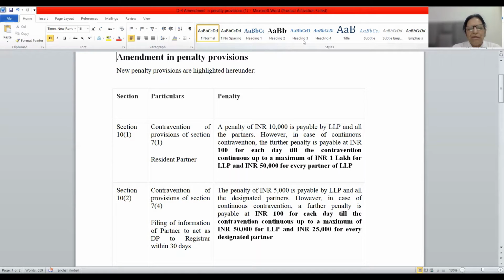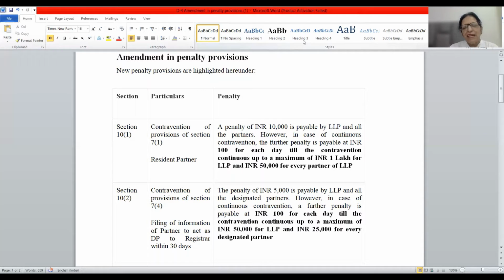Any person who would like to act as DP has to file the information with the registrar within 30 days. And if there is a contravention of this provision, then the penalty has been laid down under section 10, subsection 2. And now the question arises, what is the amount of penalty?